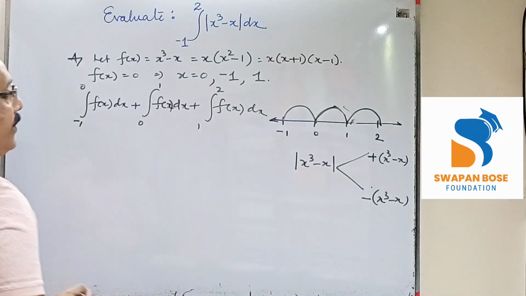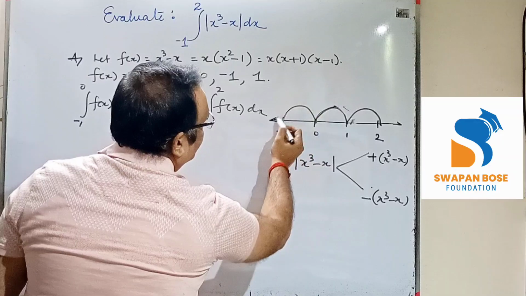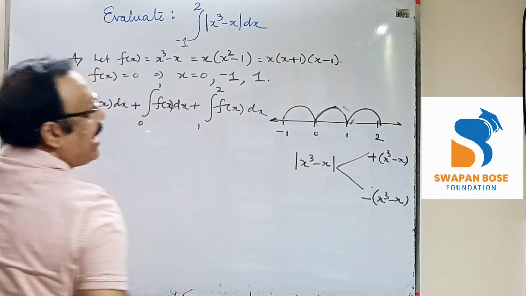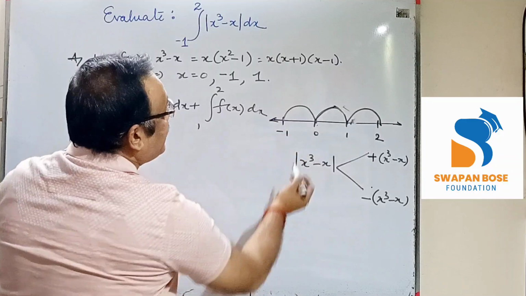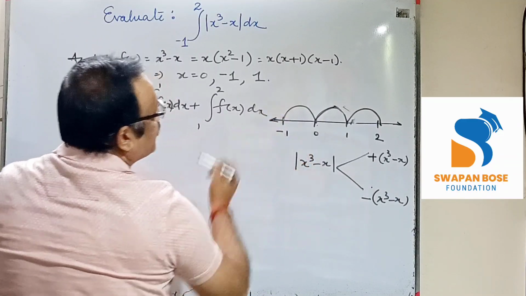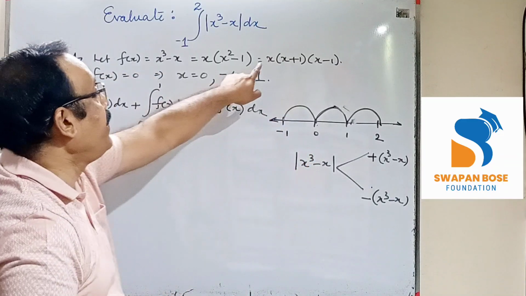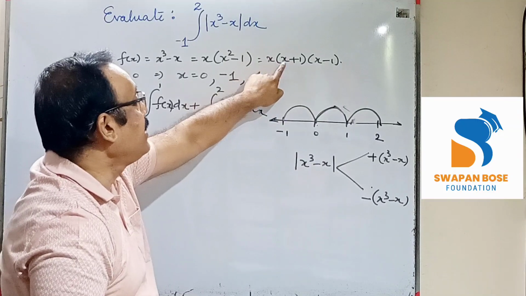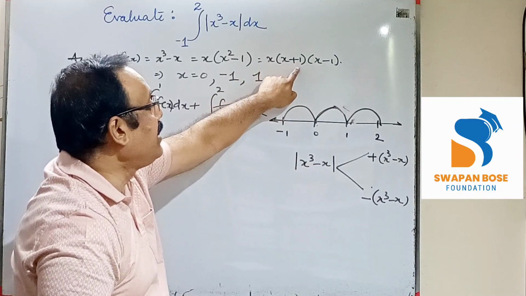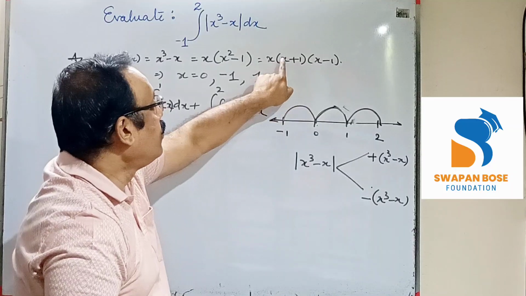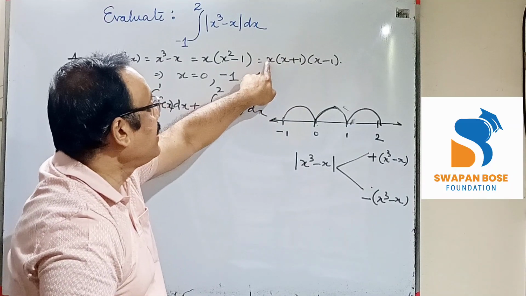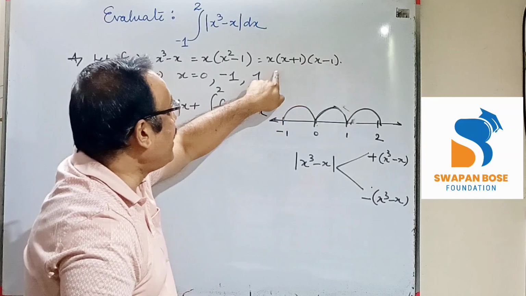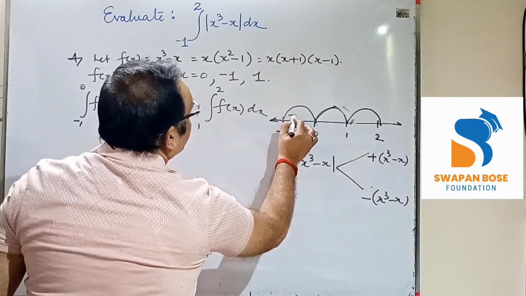Now we'll check. Let's take minus 1 to 0. In between minus 1 and 0, we'll take any value, say minus 0.5. Substitute that value: minus 0.5 is minus; minus 0.5 plus 1 gives plus; so plus into minus is minus; and minus 0.5 in the last factor is minus, so minus into minus is positive.